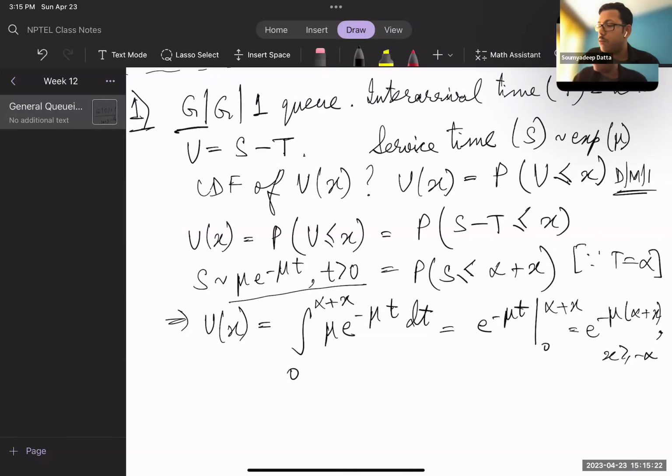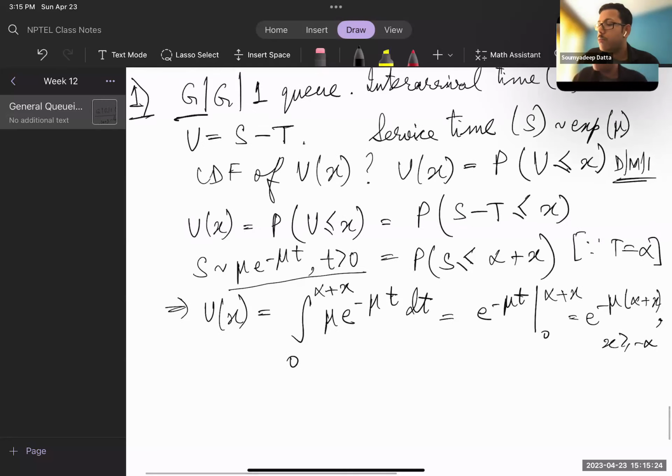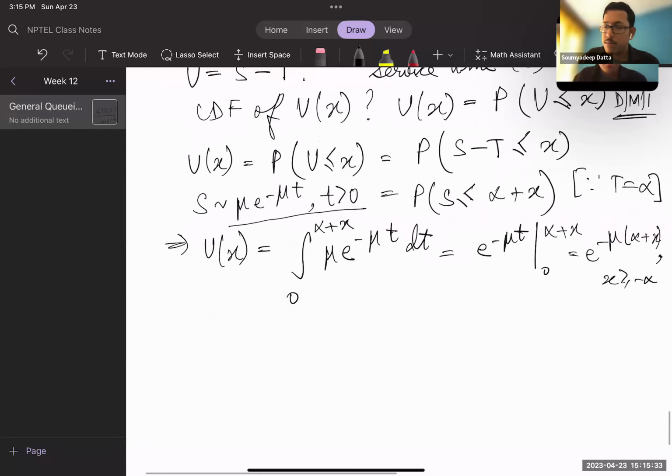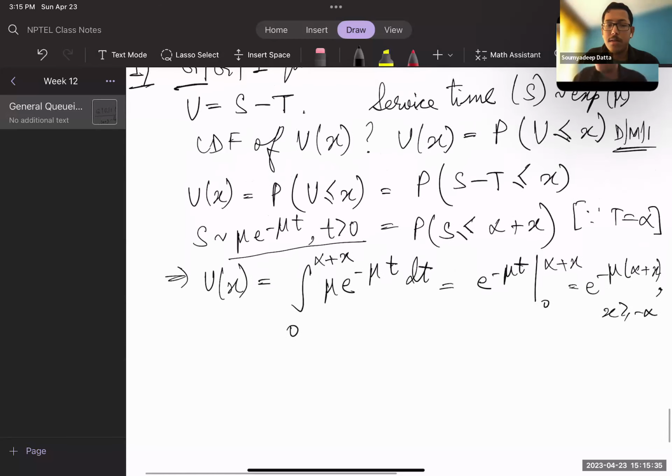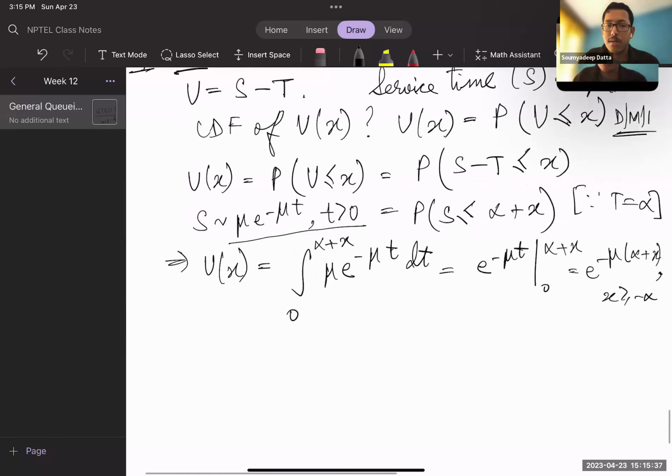That's exactly how it is. Or you can also check from the integral limits that alpha plus x has to be greater or equal to 0, right? That's how it looks. So for values x less than minus alpha, this should be 1.